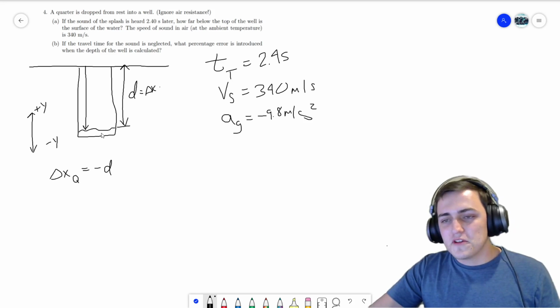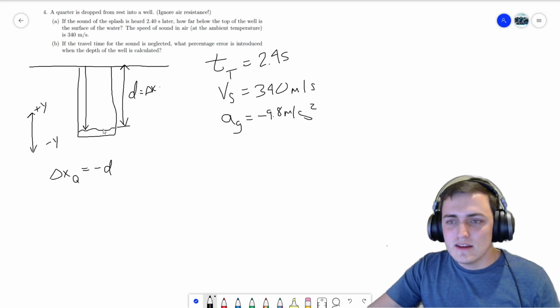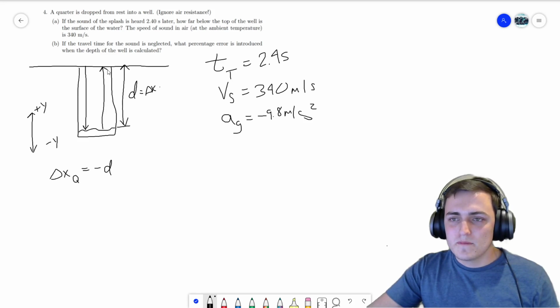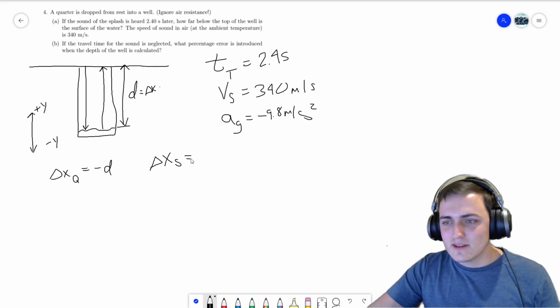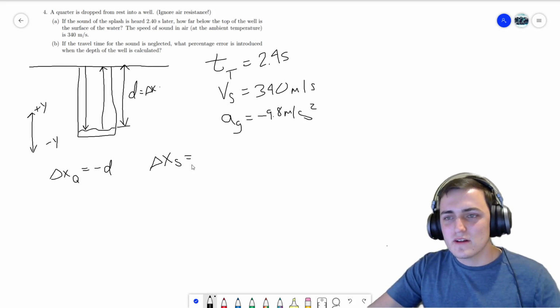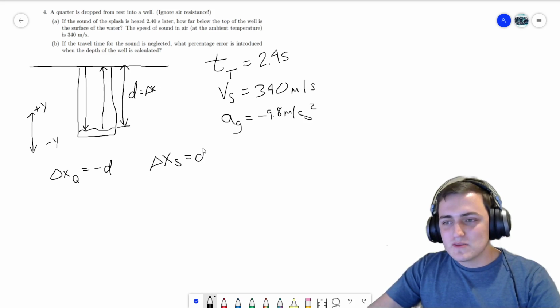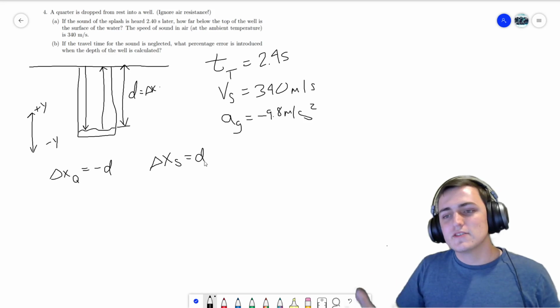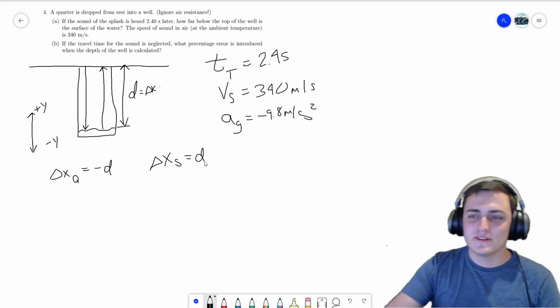Once that particle goes all the way down and travels distance negative d, the sound wave comes back up. And so we're going to call that delta x sub s, delta x sound, change of position of the sound wave. Now that travels distance positive d because it goes up distance d.